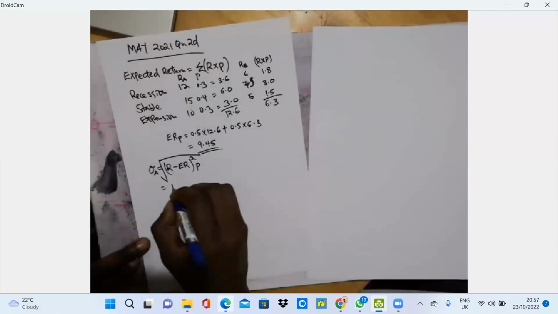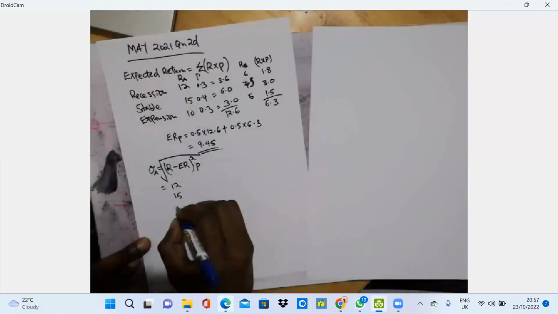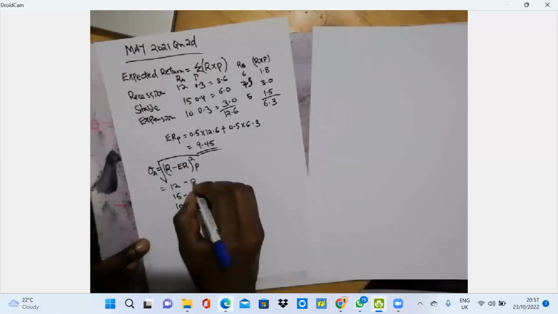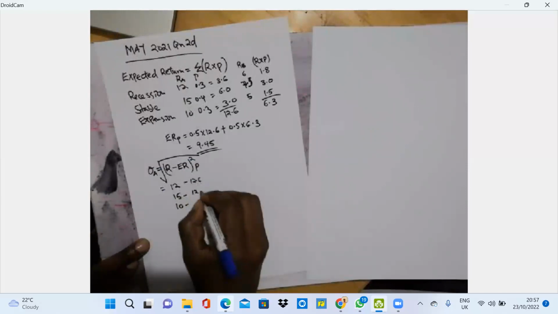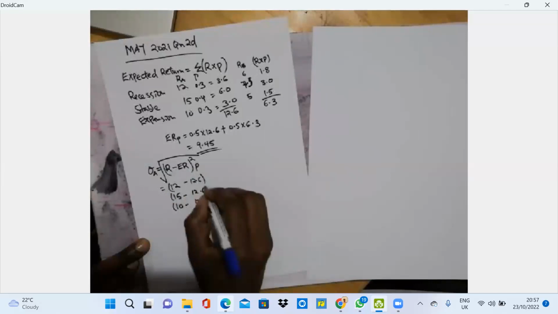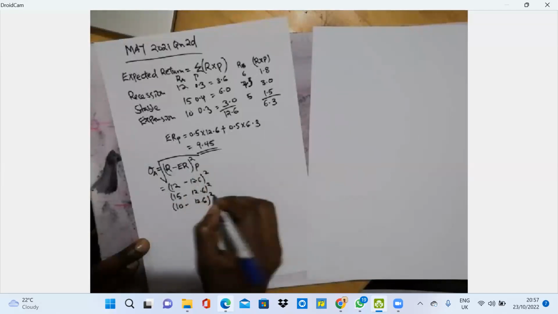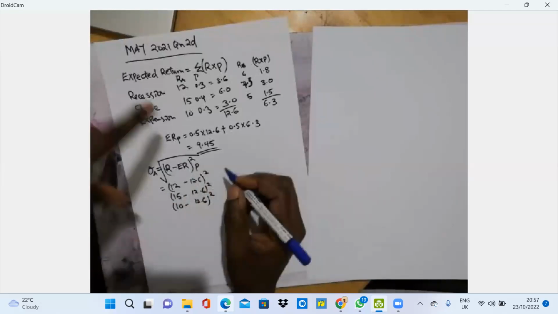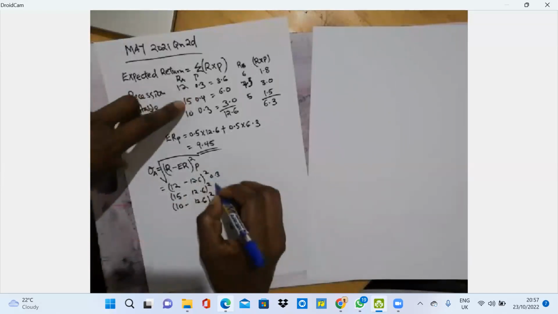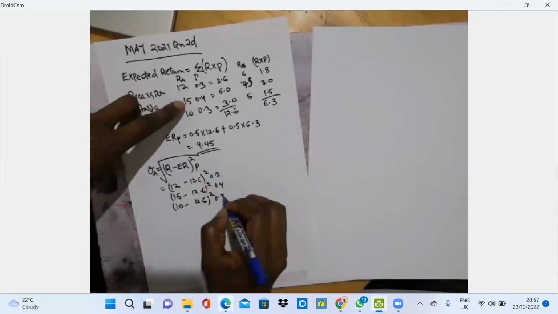The returns are 12, 15, and 10. Expected return is 12.6. Then we square and multiply by the probabilities, which are 0.3, 0.4, 0.3.